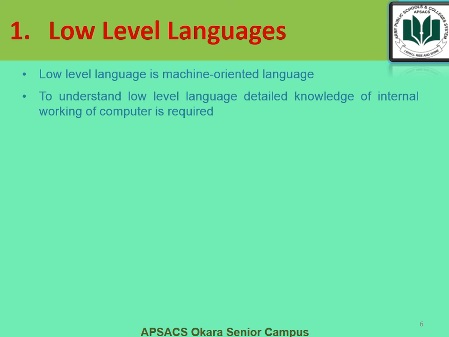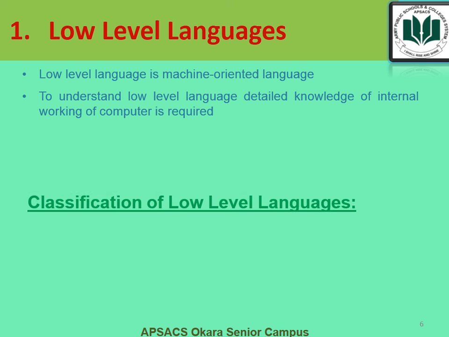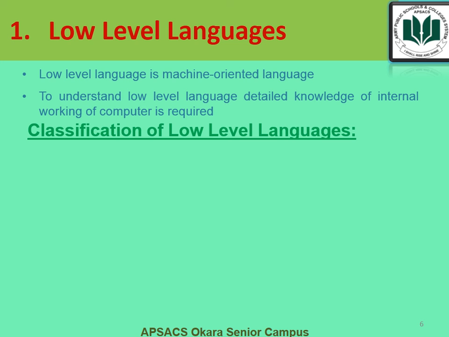So low level languages are difficult to understand and difficult to learn. Now we will be discussing the classification of low level language. There are two types. The low level language is classified into two categories, which are machine language and assembly language.